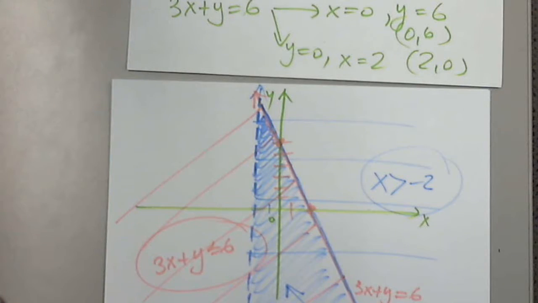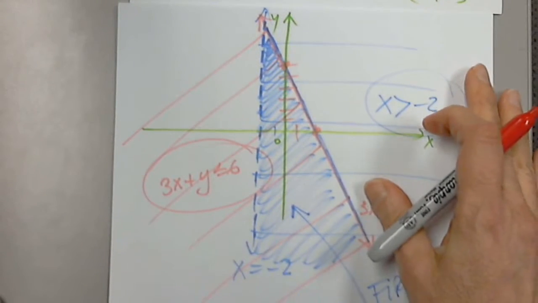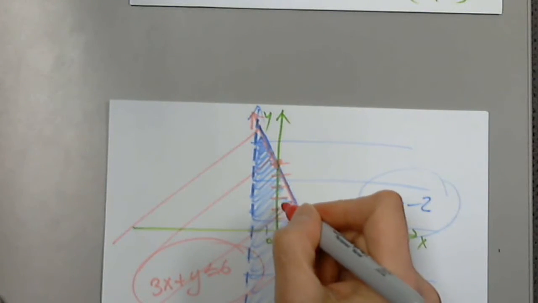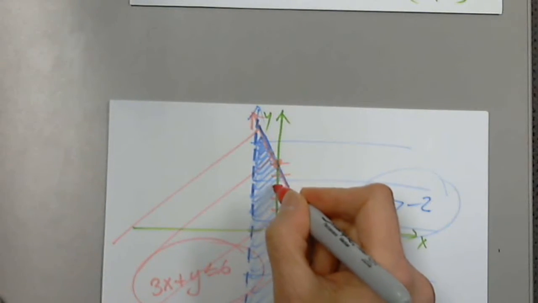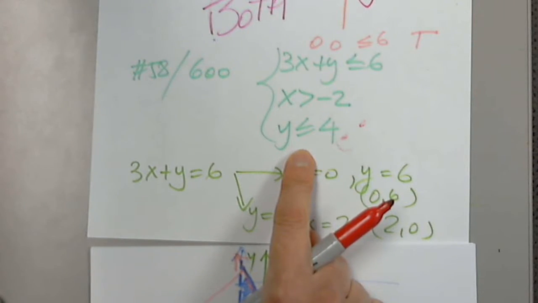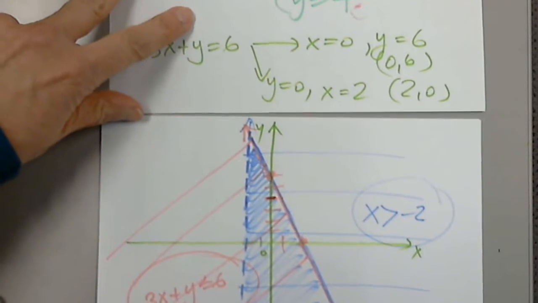Only now I'm ready to put in the third one, which is y equals 4. How do I graph something like this? y equals 4. Horizontal line, awesome, thank you. 1, 2, 3, 4, right here. But do I graph it as a solid line or not? Very good, awesome.